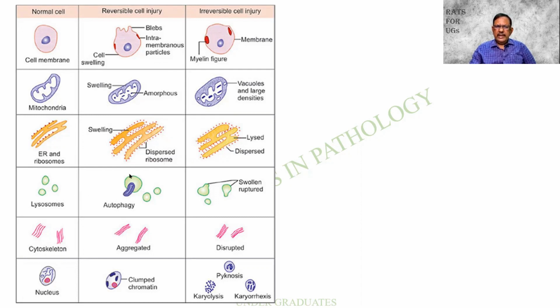Lysosomal sacs can engulf all the damaged particles, or they can rupture, leading to cell damage. The cytoskeleton also becomes damaged and disrupted. In the nucleus, initially there is clumping of the chromatin, but later on there will be the changes called pyknosis, karyorrhexis, and karyolysis.